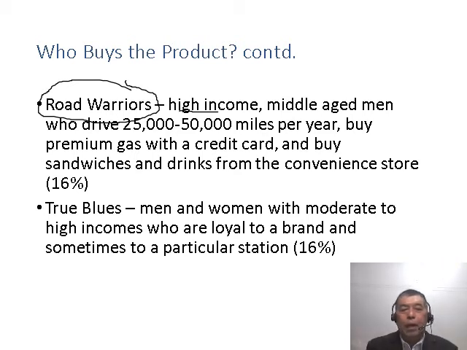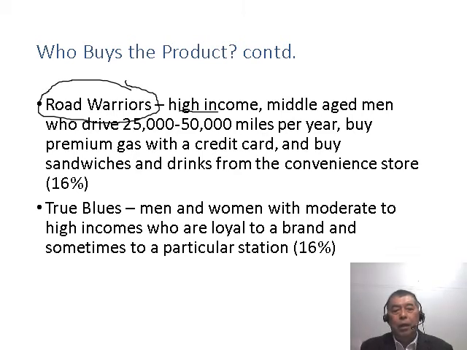Okay, so if you divide 50,000 by 12 months, you will have particularly 4,167 miles per month, no? So they classify this as road warriors.